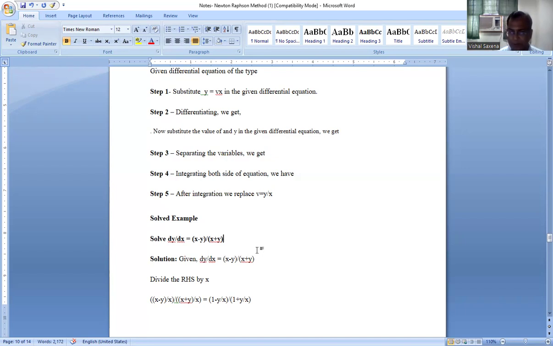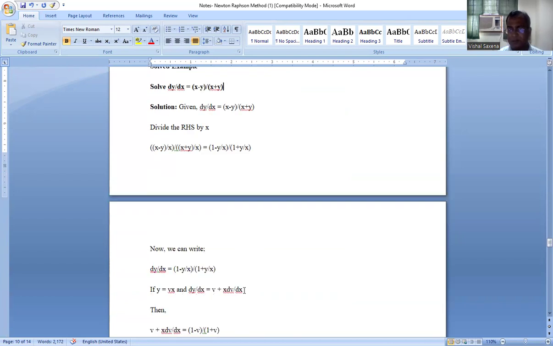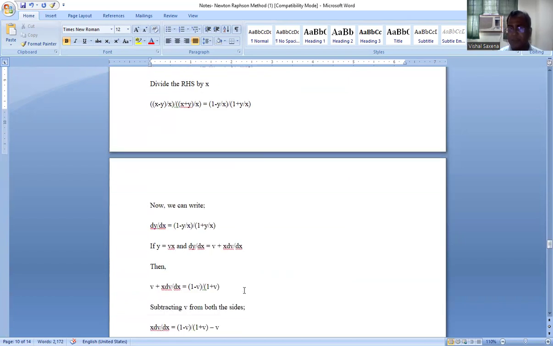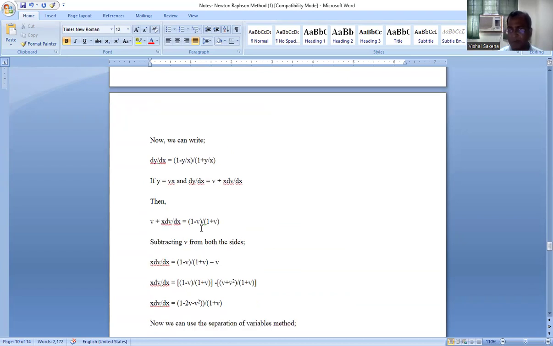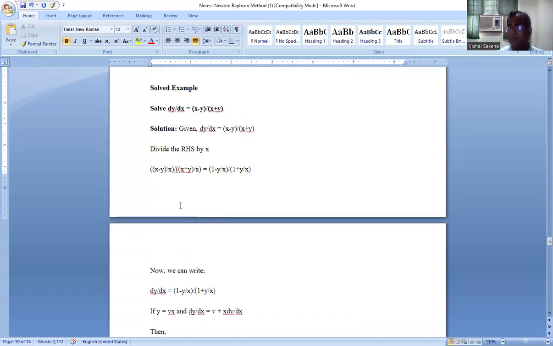So in this way, this is a homogeneous equation, and now we have to put y is equal to vx in this equation. One thing you can also do, just to explain more whether this is homogeneous or not: the right hand side term is divided by x.